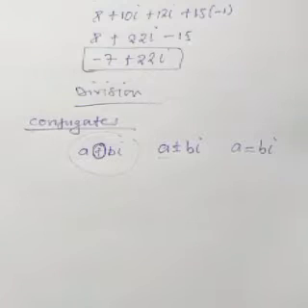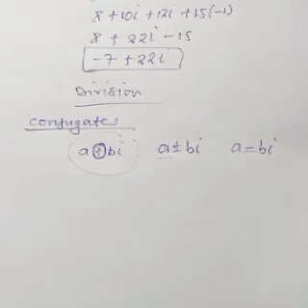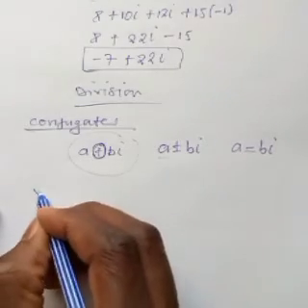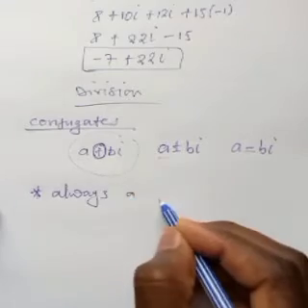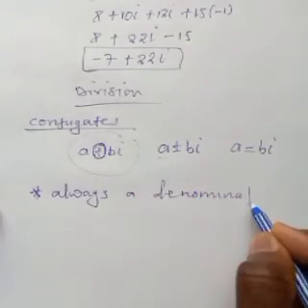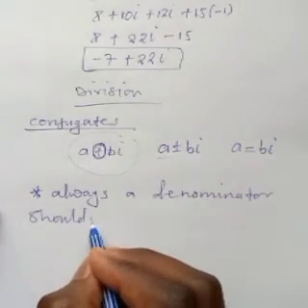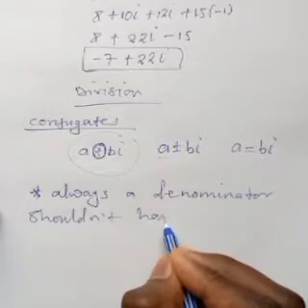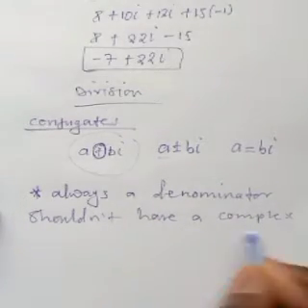If this has been written in the form of complex numbers having a numerator and a denominator, the denominator shouldn't have a complex number or surd.